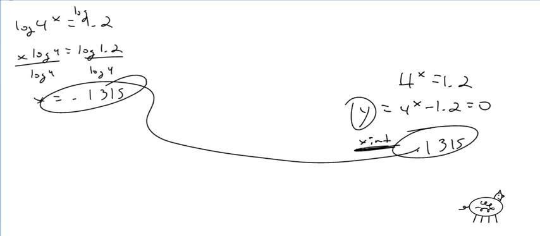Okay, so another example here. We're going to solve e to the 2x equals 105. Okay, so let's take the natural log of both sides.